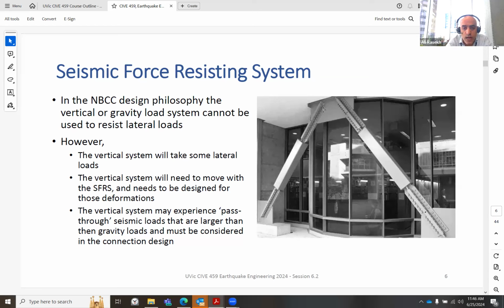I mean, to activate these braces, everything should move slightly so that these braces are elongated and they start to resist the lateral load. And the vertical system may experience pass-through seismic loads that are larger than gravity loads and must be considered in the connection design. So basically, connection designs should also consider the lateral load, which we will discuss as well.